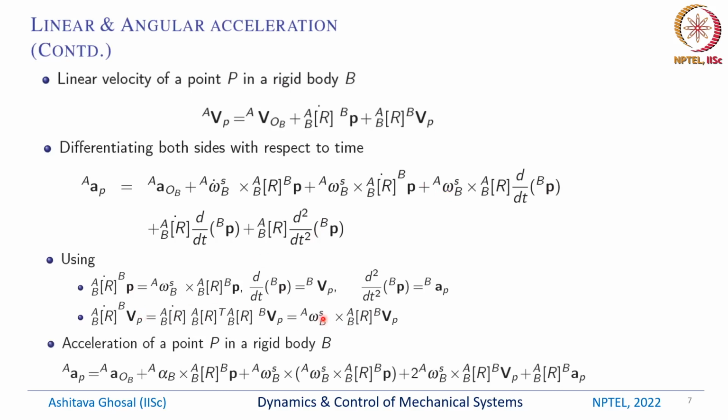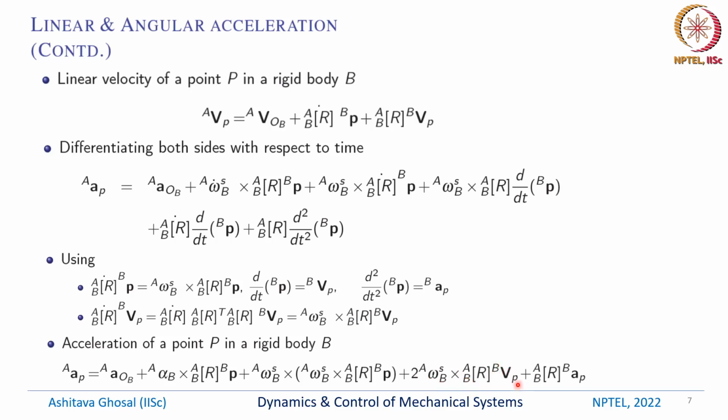As I said, we can regroup all these expressions, and then we can see that the acceleration of the point P is the acceleration of the origin, plus some alpha times r, plus some omega cross omega cross r. This is the centripetal term. Then there are two of these similar terms, which give you 2 omega cross some relative velocity ABR into BVP.